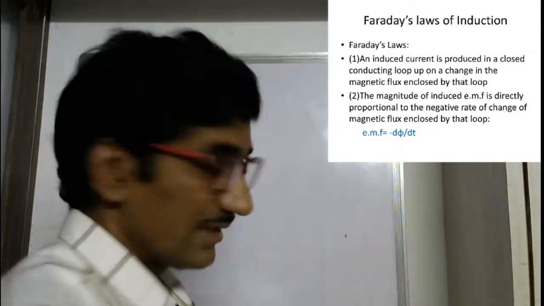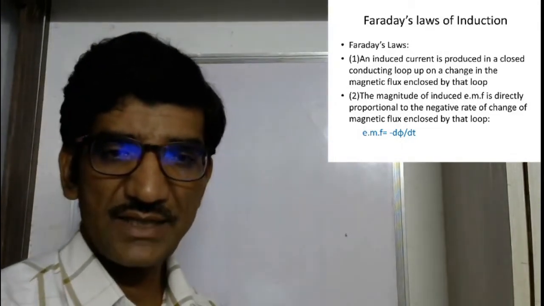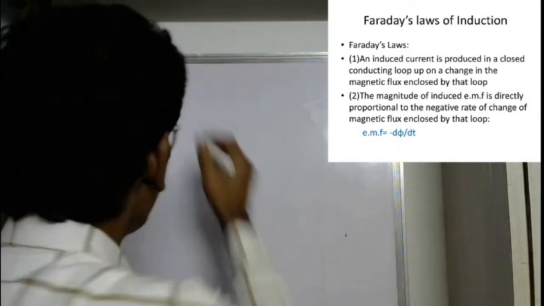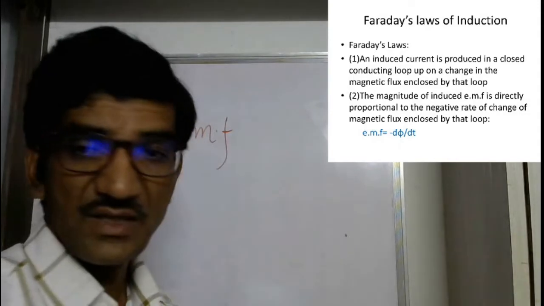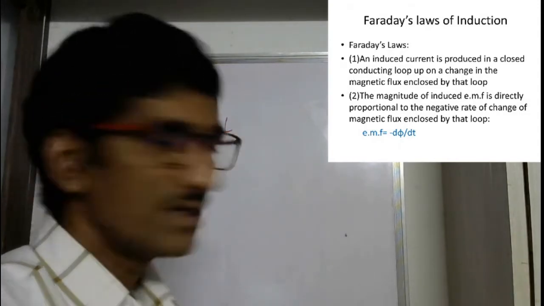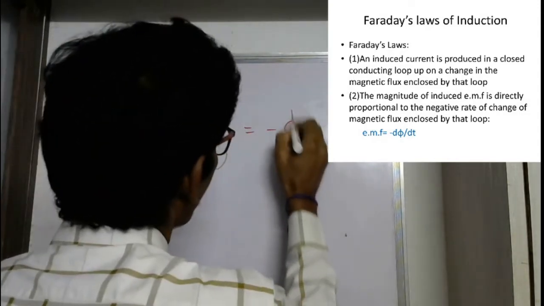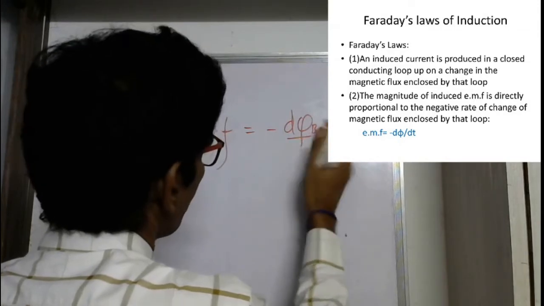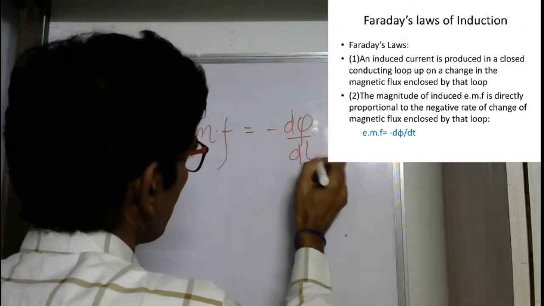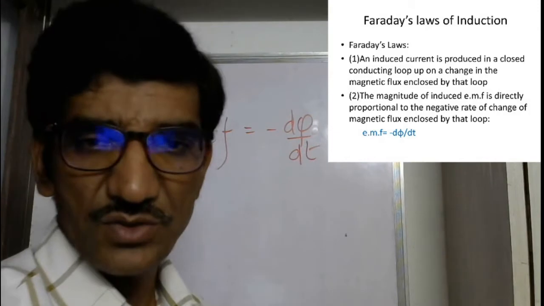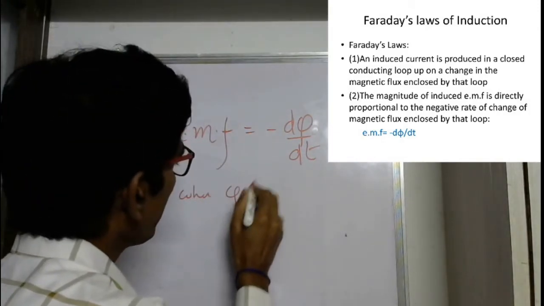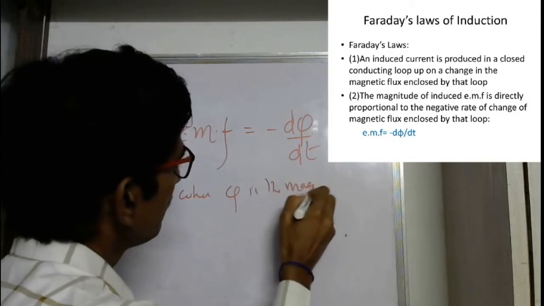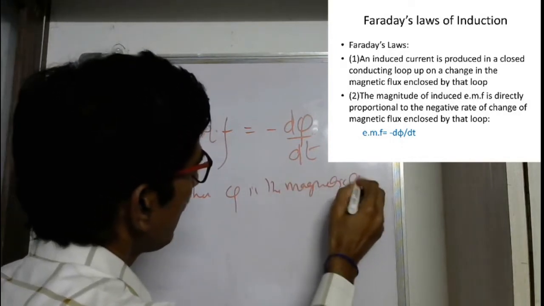If you try to write a mathematical form of this, then you get EMF is equal to minus d phi by dt, or dou phi by dou t. What is the phi here? Where phi is the magnetic flux.